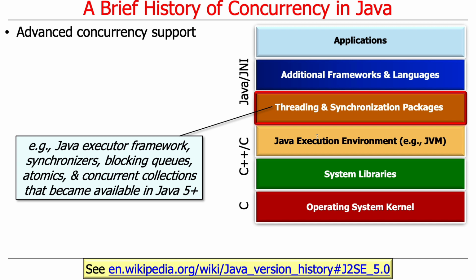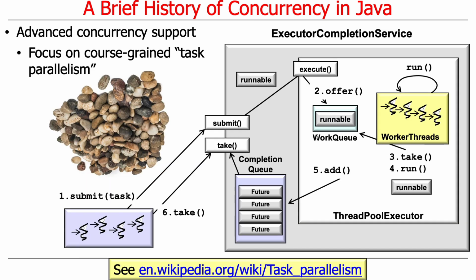They supported a whole bunch of synchronizers like reentrant locks, condition objects, and semaphores. They supported blocking queues like array blocking queue, linked blocking queue, and so on and so forth. They added support for atomic operations, which allows you to set variables and check variables in a way that's atomic and very efficient. And they also added support for concurrent collections, things like concurrent hash map. So these all became available in Java 5.